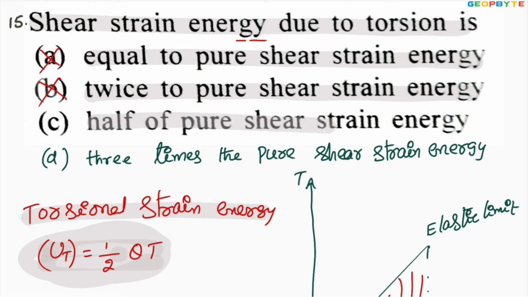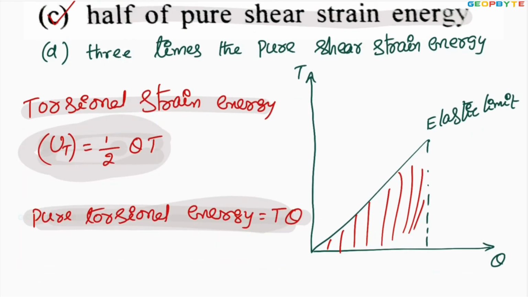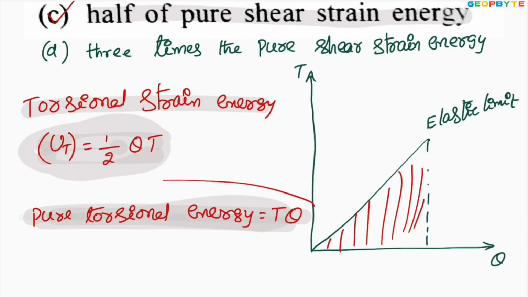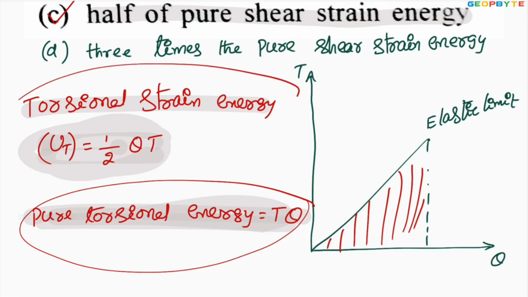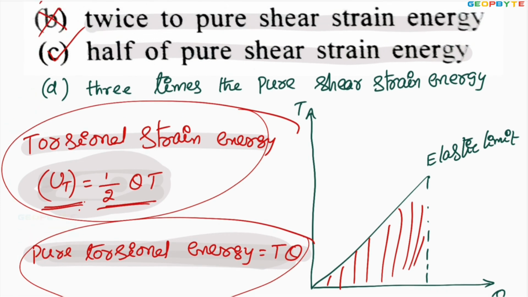Half the pure strain energy? Yes, absolutely correct. So this is the pure torsional energy and this is the torsional strain energy. Torsional strain energy is half of the pure torsional energy. Therefore, option C is absolutely correct.